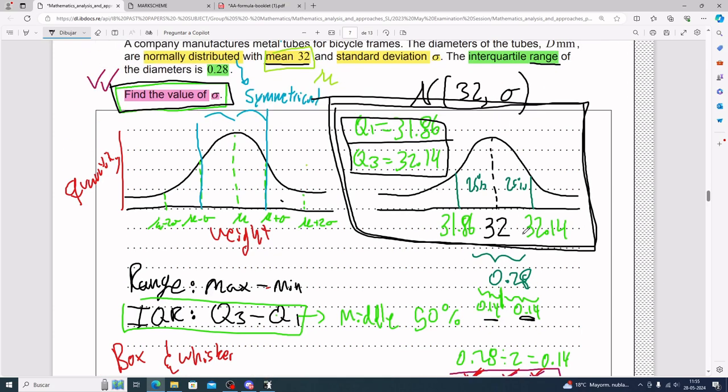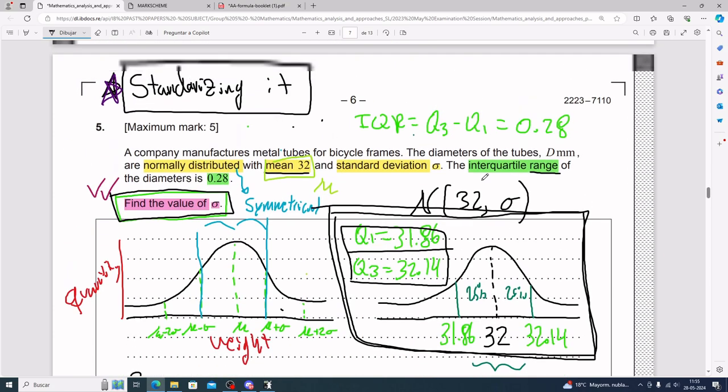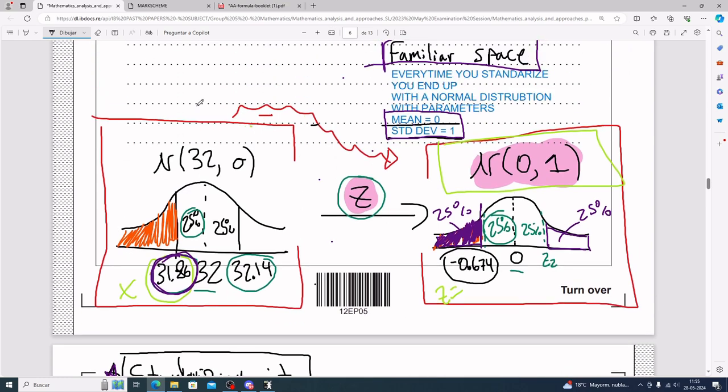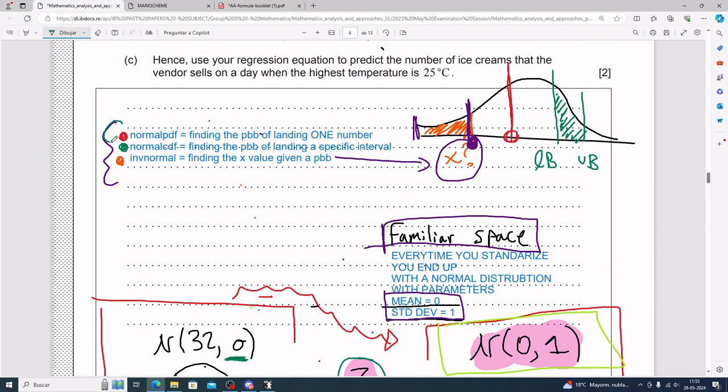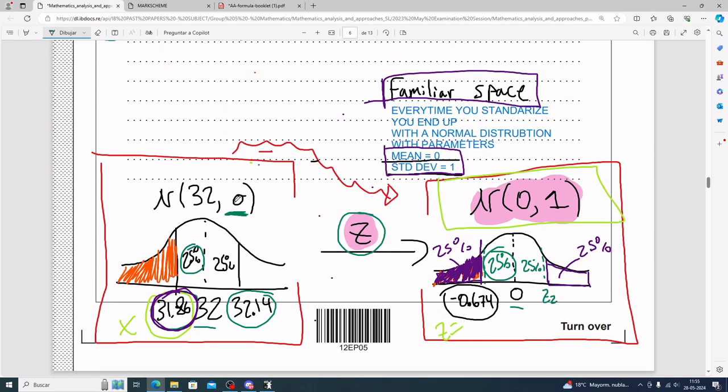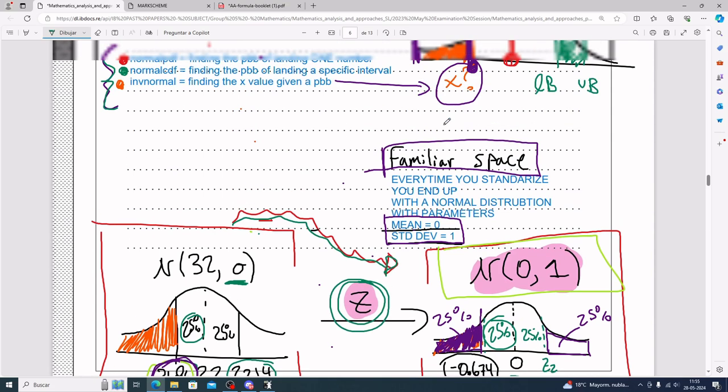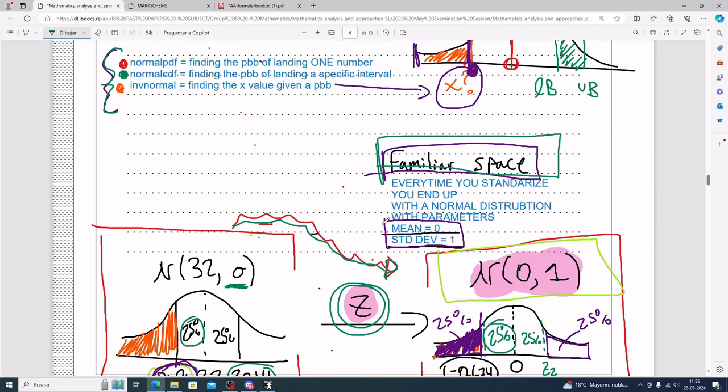You ended up with these key values. And now the problem that we faced is that these key values, as pretty as they look, you don't have the standard deviation, so you can't use any of these tools. And so you say, let's go ahead and find its equivalent in the standardized version because it's a familiar space, and you know that the mean is 0.